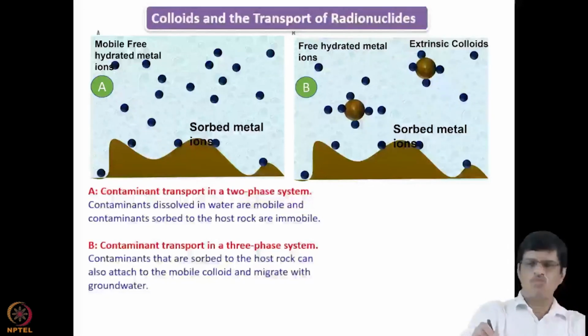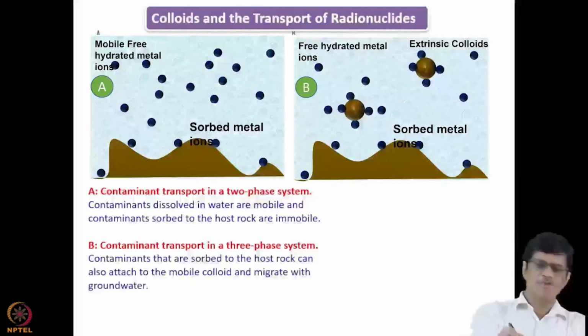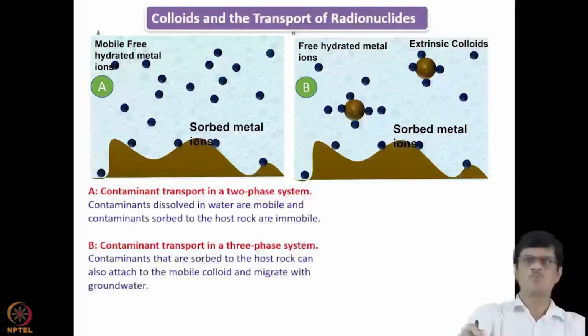They can also form intrinsic colloids, or they can form a complex with the pseudocolloid, and then they will be mobile in the water phase, and that is how the actinide can get transported. I have shown a two-phase picture here, and this is the contaminant transport in a three-phase system, where the transportation is mainly done either by intrinsic colloid formation or sorption onto a pseudocolloid.